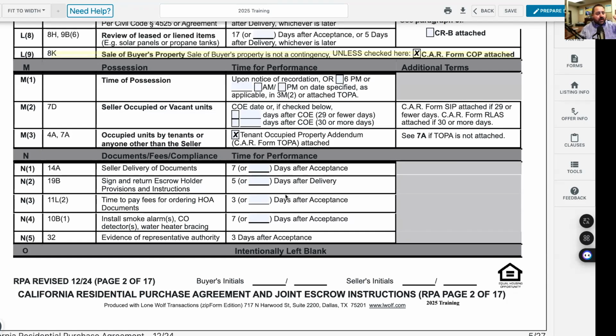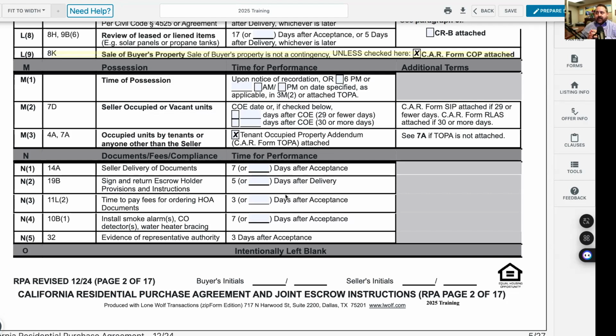The same goes for installing smoke detectors and evidence of representative authority. That goes for both parties also. If a buyer is an entity, a trust, a partnership, or a corporation, then they have to provide documents showing proof that they have the authority to sign within 3 days.